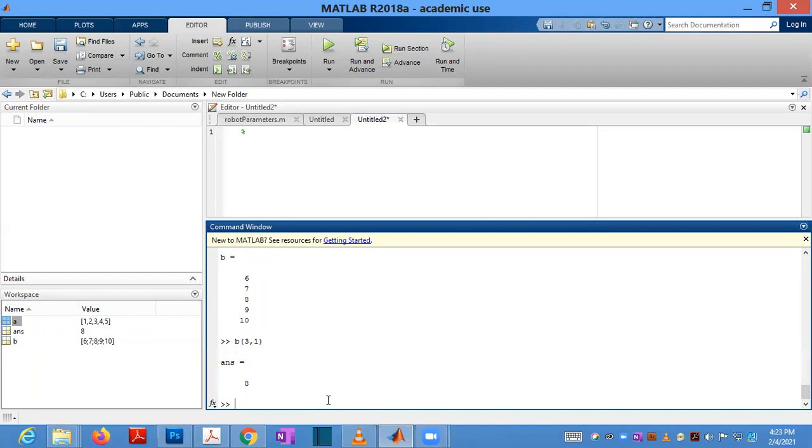So how to enter a matrix? The first row is 1, 2, 3, the second row is 4, 5, 6, and the third is 7, 8, 9. A 3 cross 3 matrix. How to enter a matrix C? By separating the rows through semicolons. So 1 2 3 semicolon 4 space 5 space 6 semicolon 7 space 8 space 9.